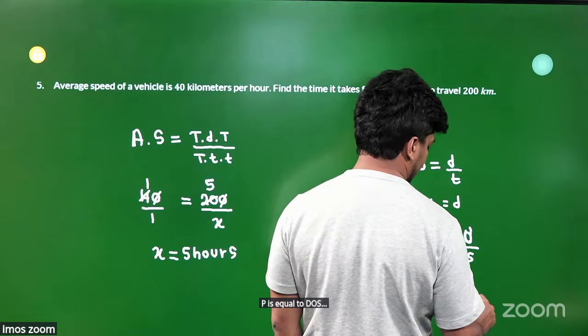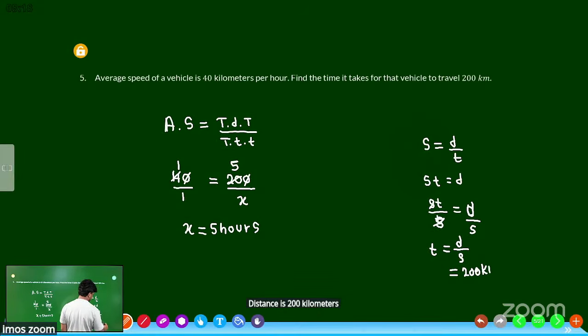Distance is 200 kilometers, average speed is 40 kilometers per hour. The answer is 5 hours.